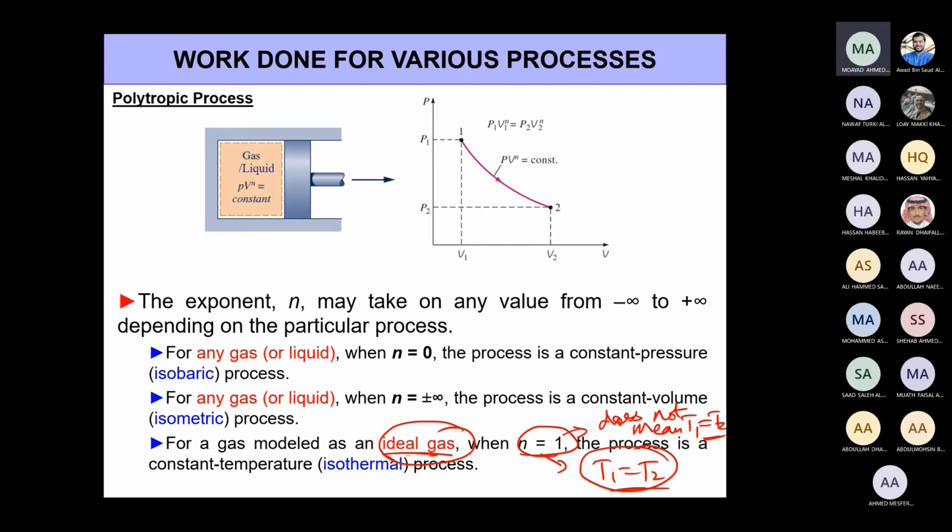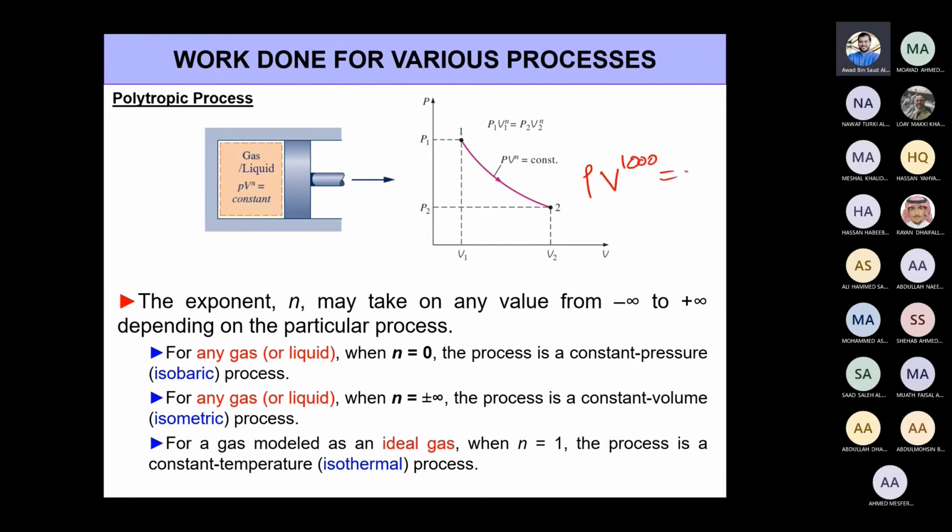Doctor, if n was plus infinity or minus infinity, the second state will go up? If n is plus or minus infinity, then essentially it's something like this. PV raised to, let's say, 1000 is a constant, right? So what I can say is that volume raised to 1000 times the pressure term is a constant. When I take everything to the power 1 by 1000, it becomes pressure raised to 1 by 1000 times volume is equal to another constant.